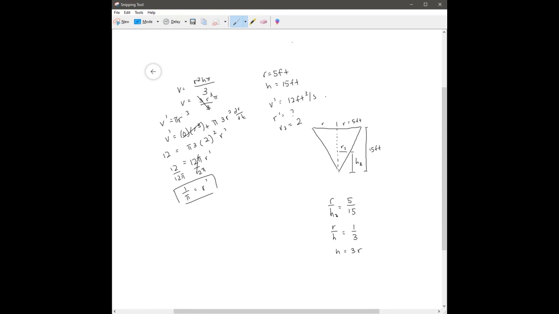We're trying to find the rate of change of the radius when the radius of the surface is 2 feet. So first, we have to find the height because we already have the radius here. To find the height, we know that these two triangles are similar triangles.